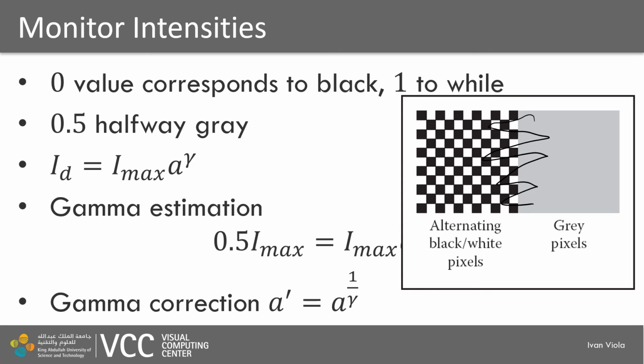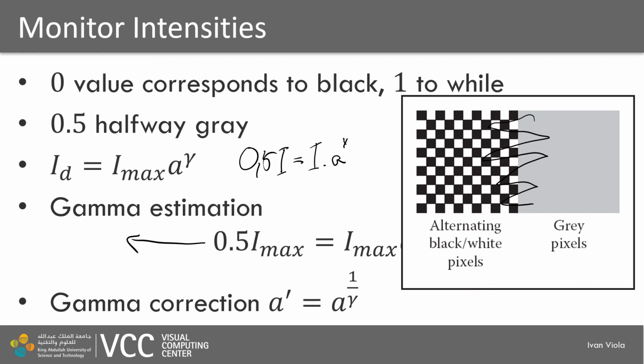We can find such an intensity simply by calculating the gamma. So we essentially can calculate: 0.5, I will just use here instead of Imax, should be equal to I times A, which is the input value, powered by gamma.